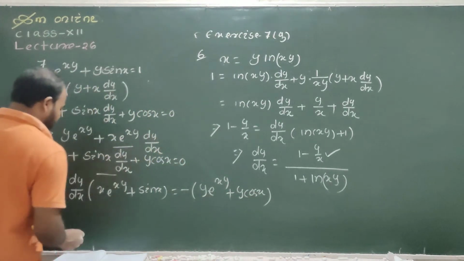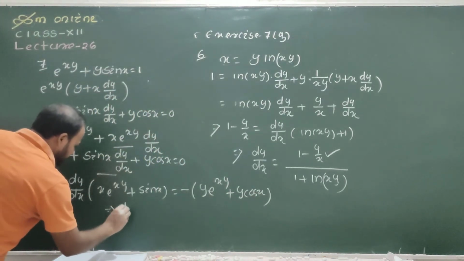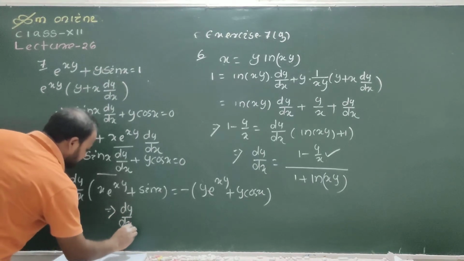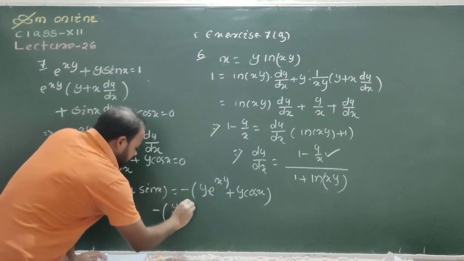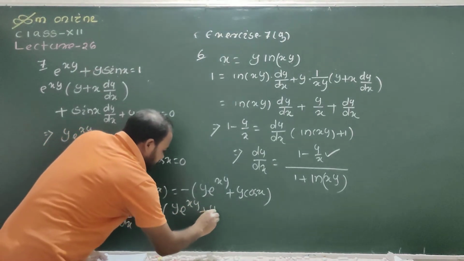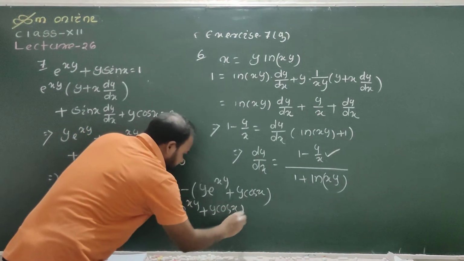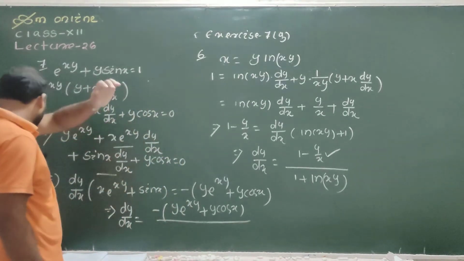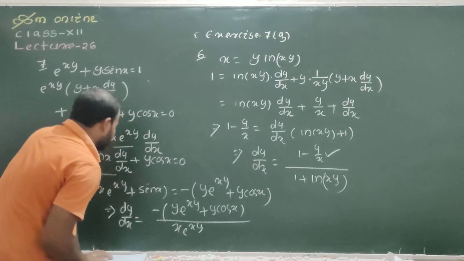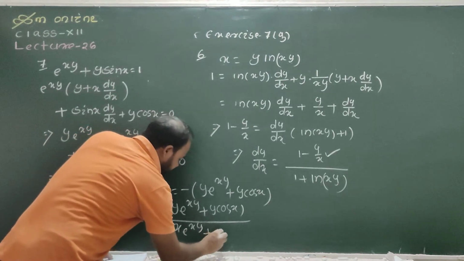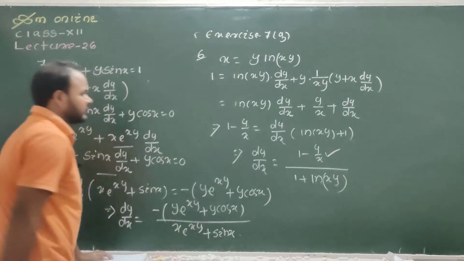So dy/dx equals minus of y e to the power xy plus y cos x upon x e to the power xy plus sin x.